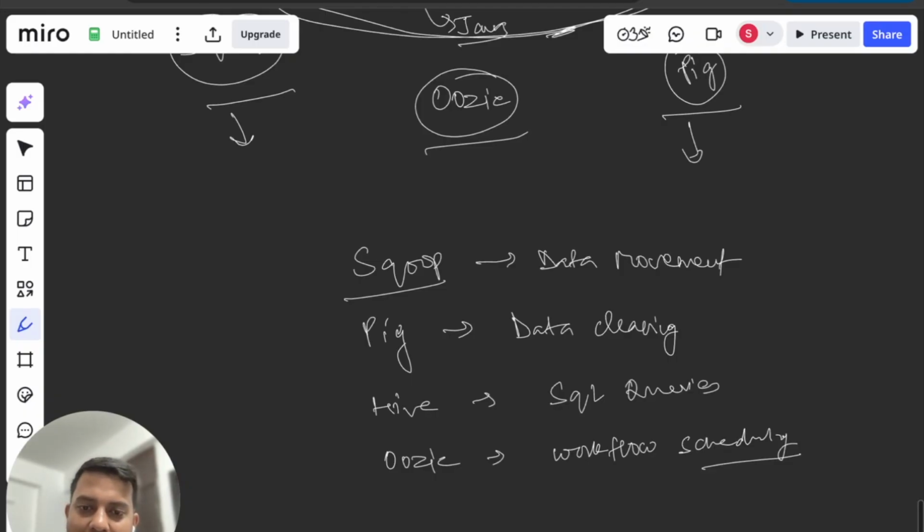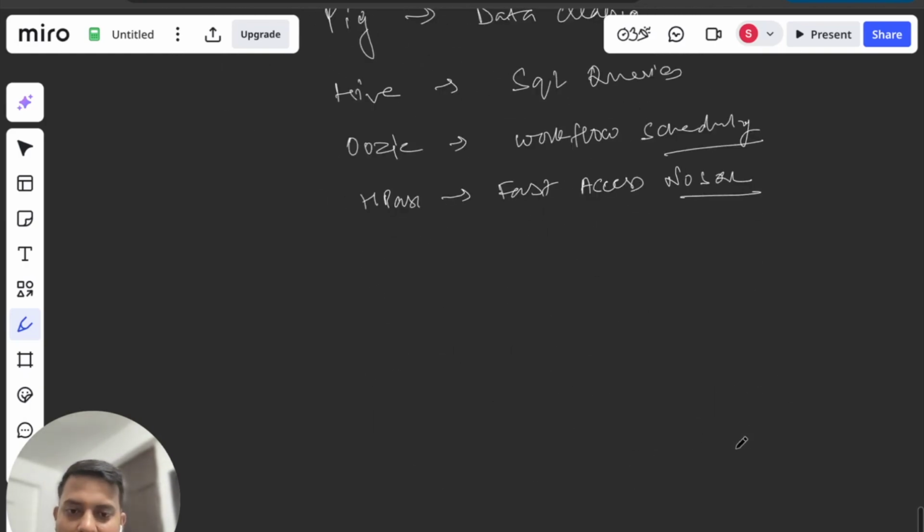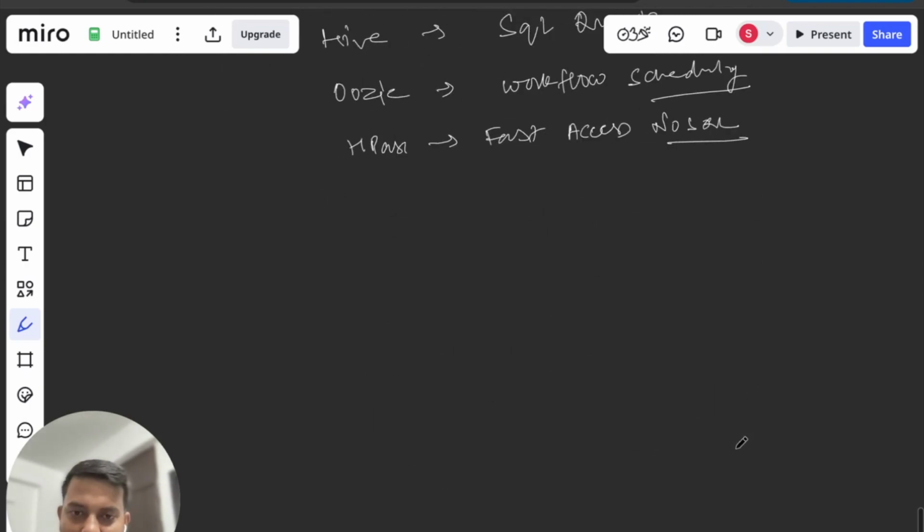What we have next is HBase: fast access NoSQL. This is all about the Hadoop ecosystem.